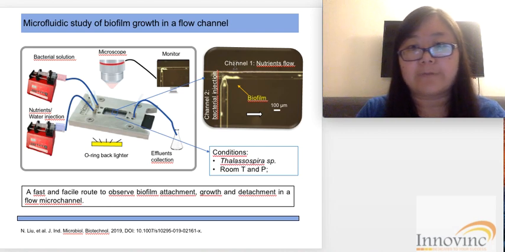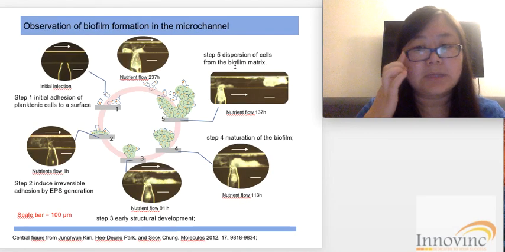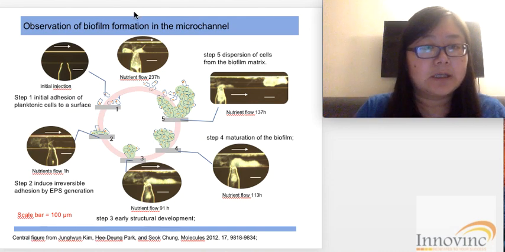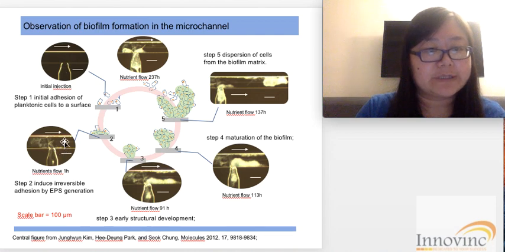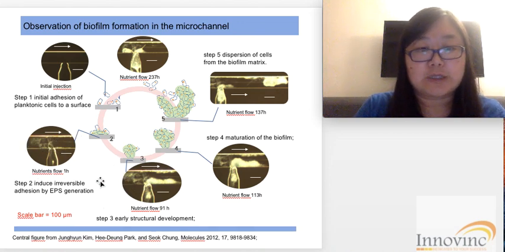In this method, we observe the entire life cycle of the biofilms, from the first initial attachment. We saw some biomass attached on the glass surface, and as the nutrient came into the system, the attached biomass started to grow and form a biofilm.